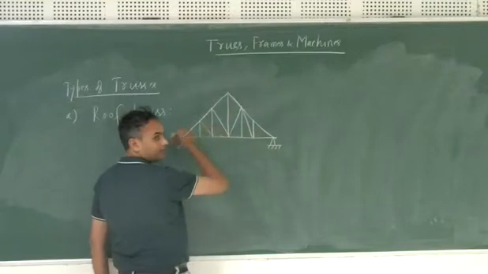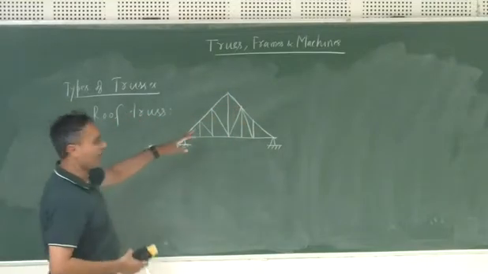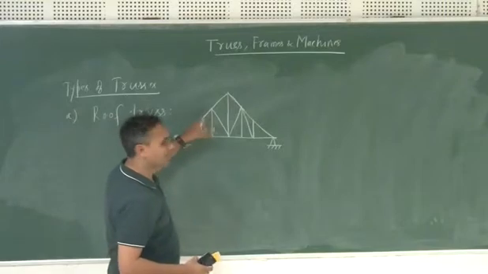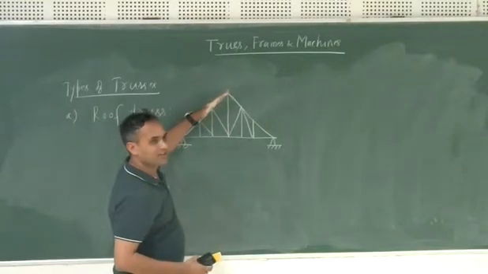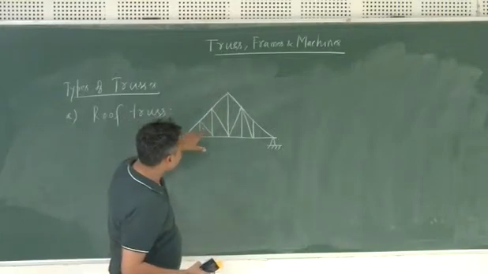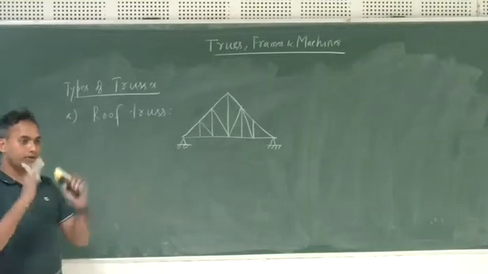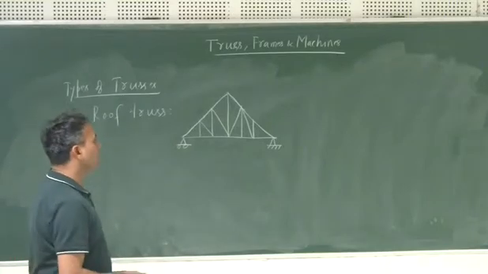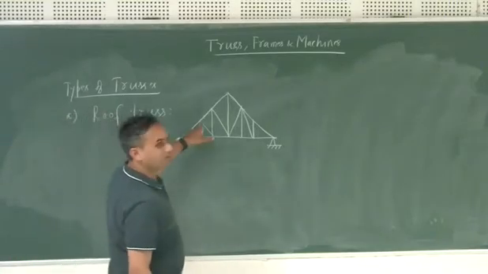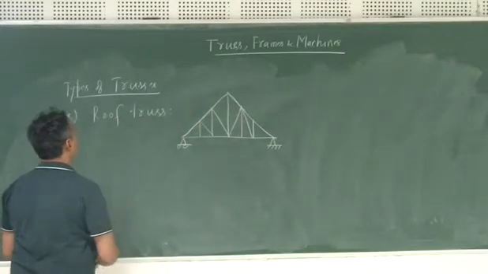If you see the temporary structures, the roofs are built up by many connected members, and then you put the sheet. So it is required to decide how many members should be there to put the system under statical equilibrium. This is what will decide the number of internal members.